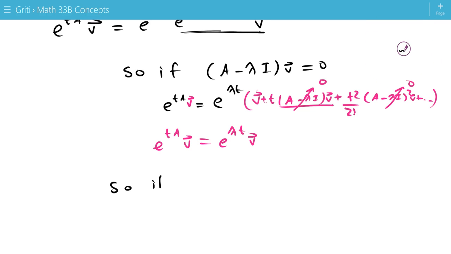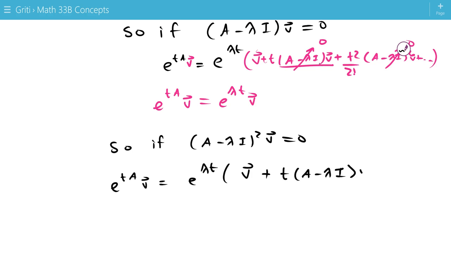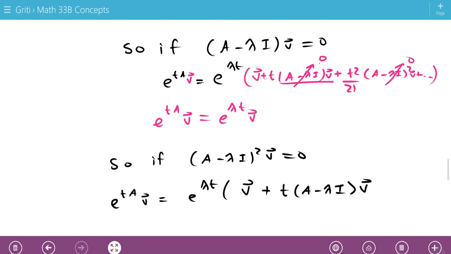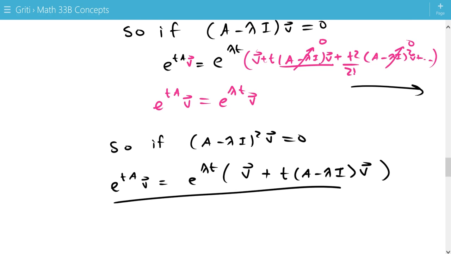Let's say if (A minus lambda I) squared times v equals 0, then we'll get e to the tA times v equals e to the lambda t times v plus t (A minus lambda I) v, and then everything after this point will go to 0. So this is what we'll get.